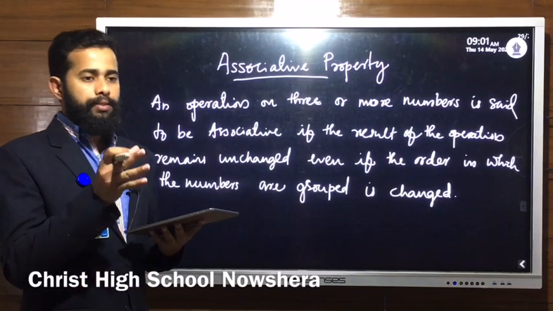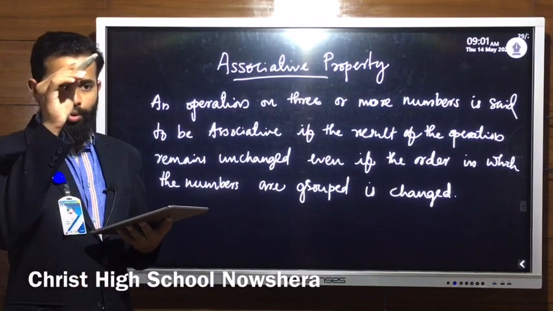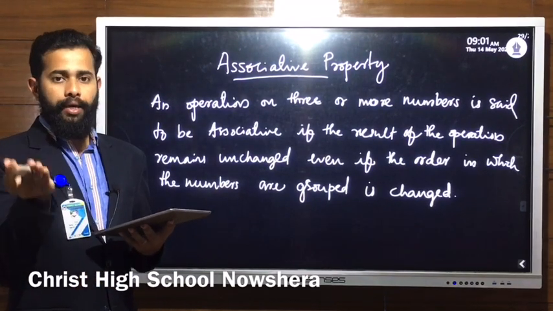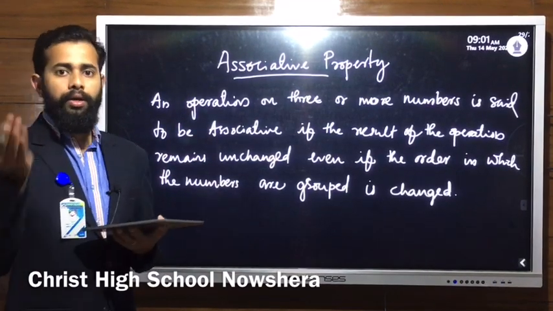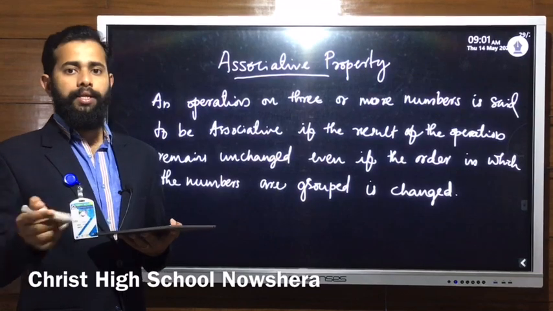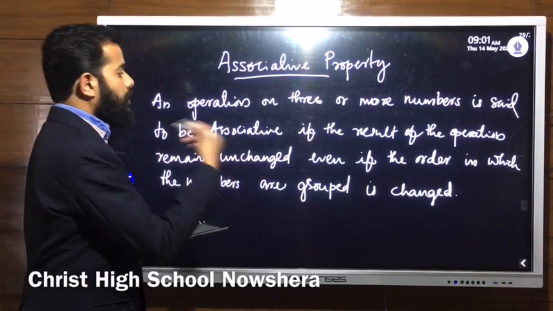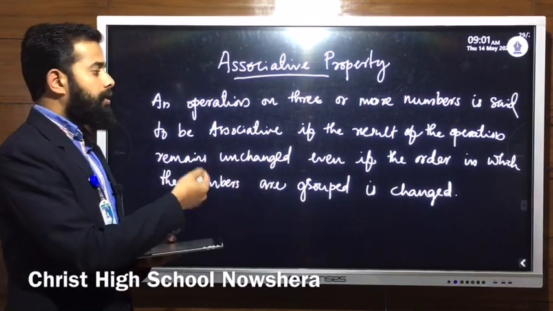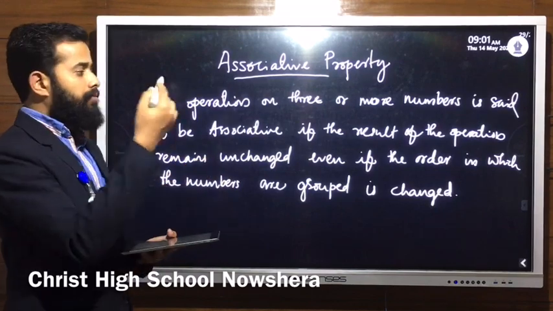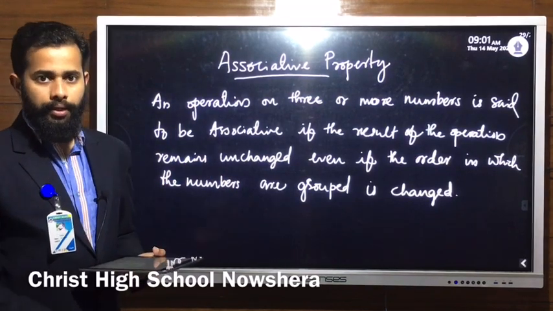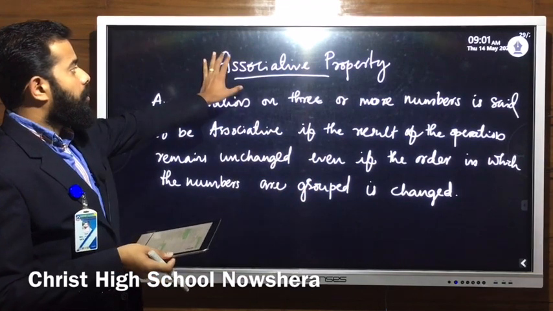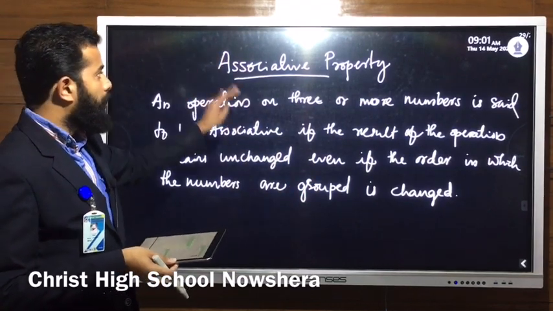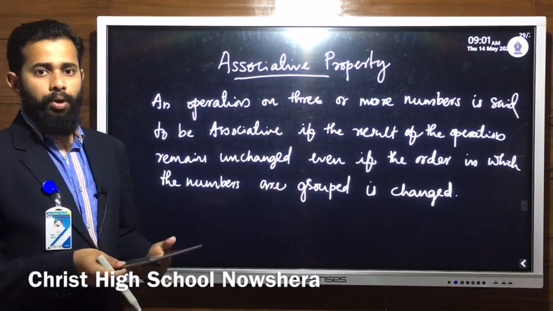That means in 3 numbers we can group 2 numbers, we can separate like that. 2 numbers are in one group and 1 number is standing alone, but the final result remains the same. Whatever groups we make in that particular calculation, the final result will remain the same. If the final result remains the same, that particular operation is obeying associative property.